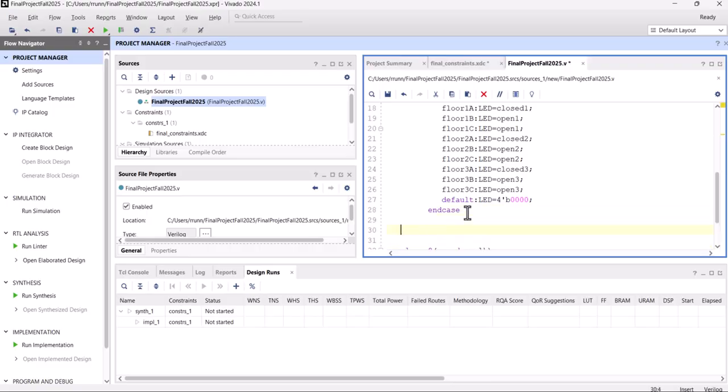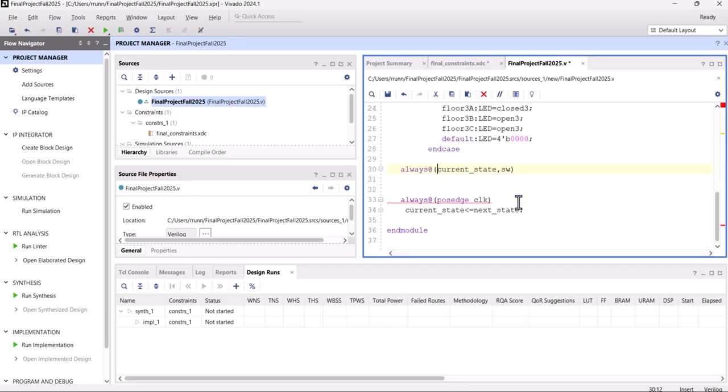So this is going to be always at current state and switch. And the way this one's going to work is you're going to have a case based on your current state.